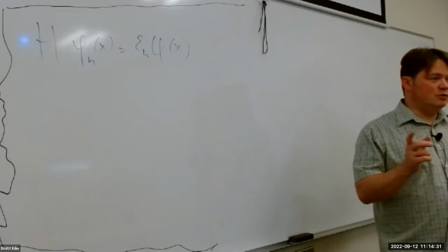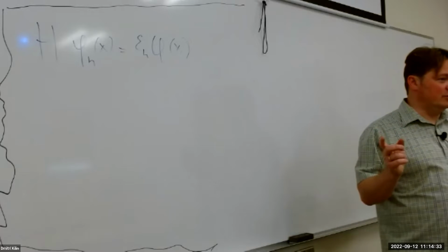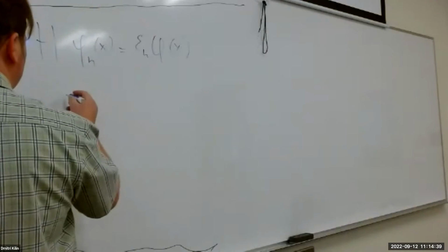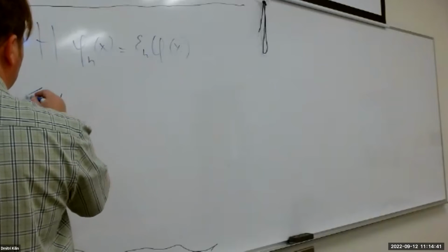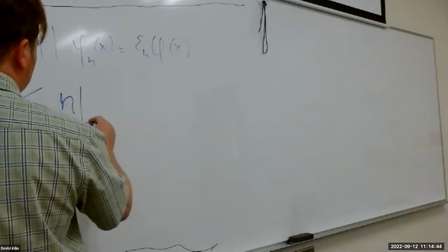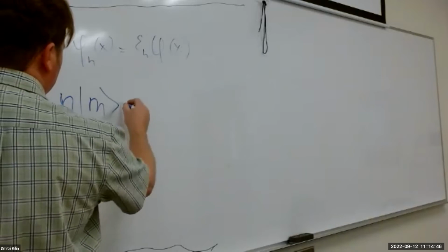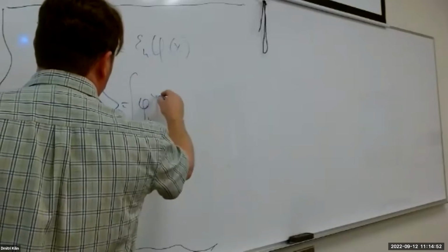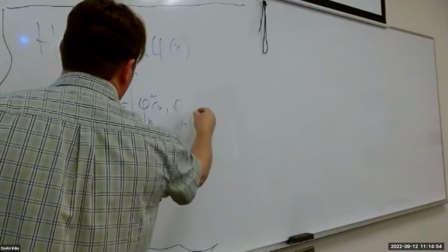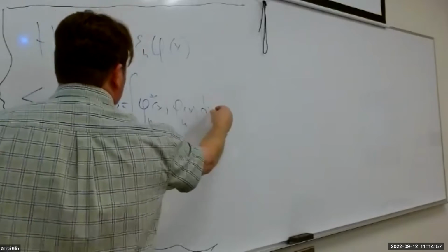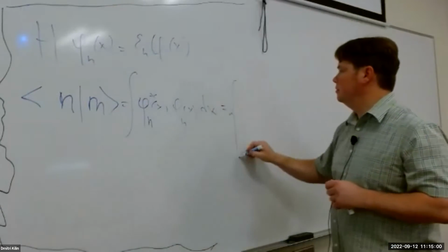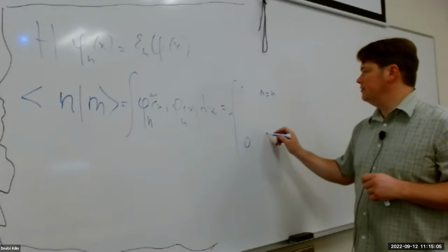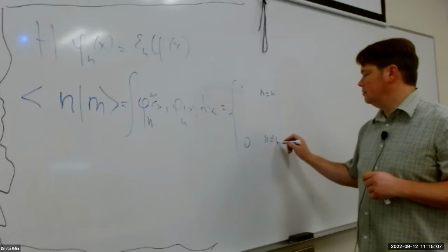So the scalar product of two wave functions will be either 1 or 0, same as for two-dimensional vectors. So this means that the scalar product of wave function n and wave function m is the integral of phi n star phi m without star dx, which should be 1 if they are the same, and should be 0 if they are different.